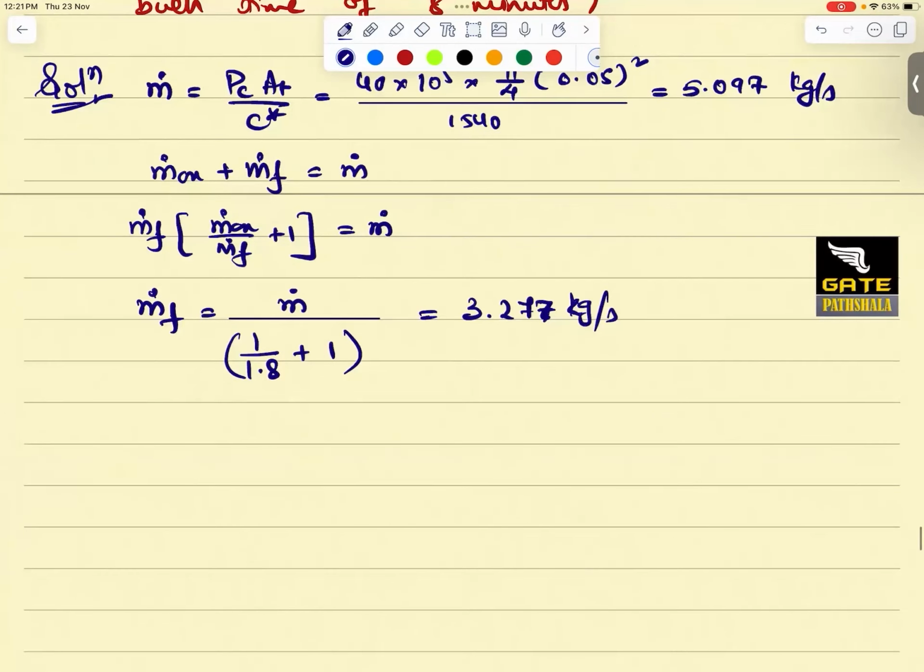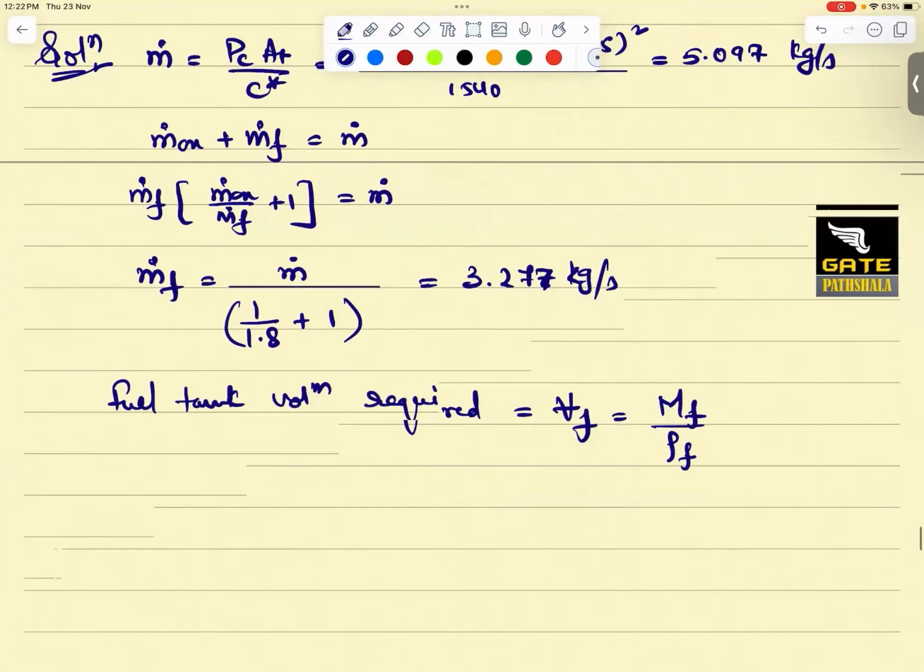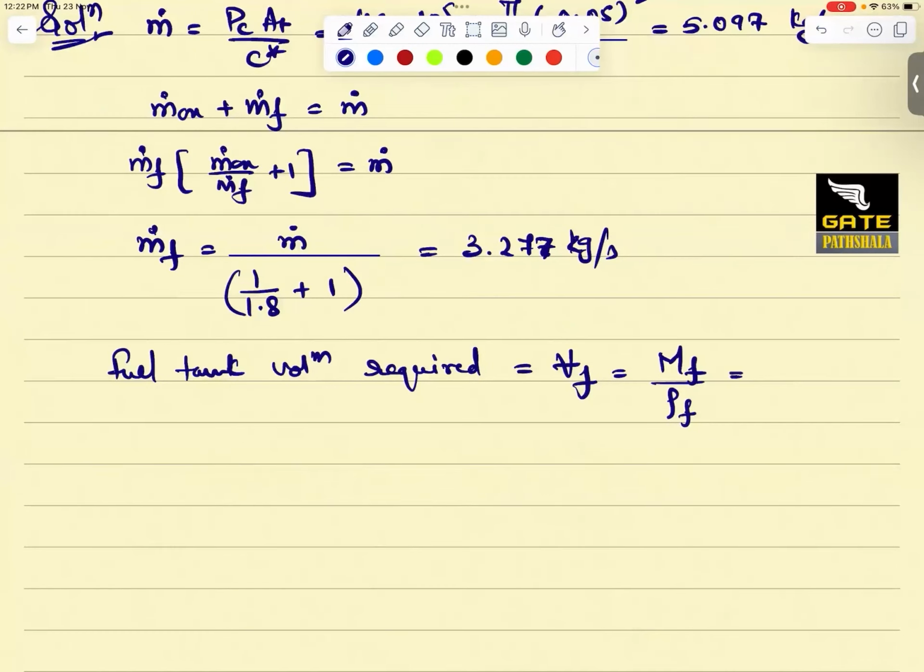Okay. So the fuel tank volume required will be the mass of the fuel divided by the density of fuel, because mass equals volume into density.